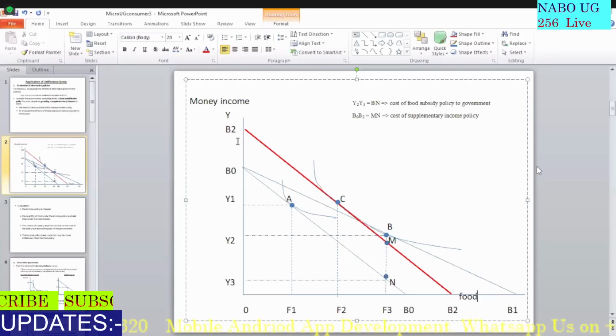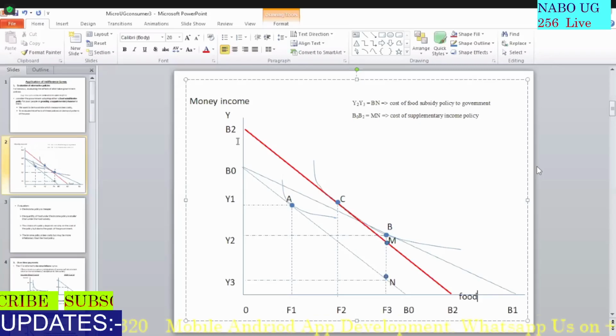Now, assuming in the economy there is excess food, and the government wants also to help the sellers or the suppliers of food. In this way, it will adopt the food subsidy policy, however costly it is. It is more costly because with the food policy, the government is sure that individuals will buy the food.